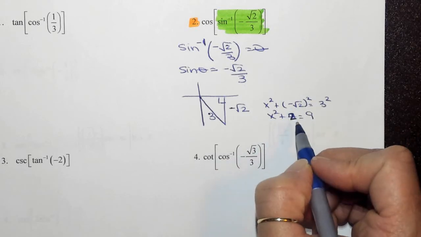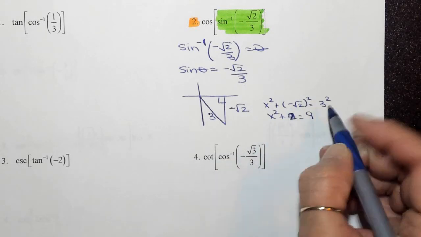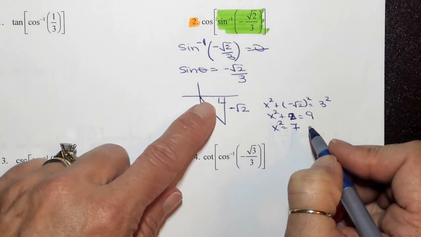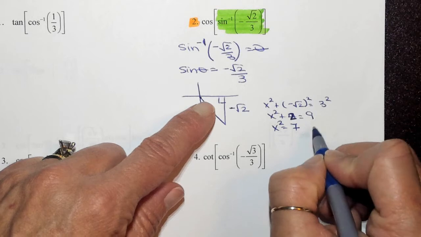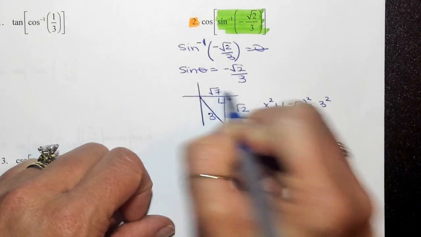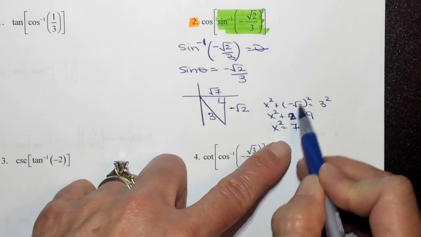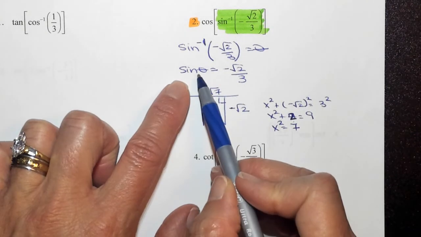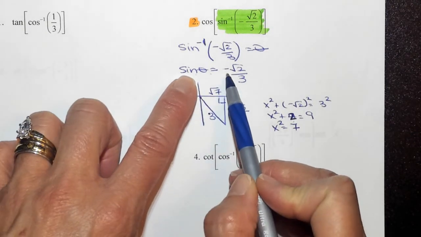Square root of 2 squared is not 4, it's 2. Subtract. X squared is equal to 7. And because our x value here is positive, x is equal to the square root of 7. So watch that error.